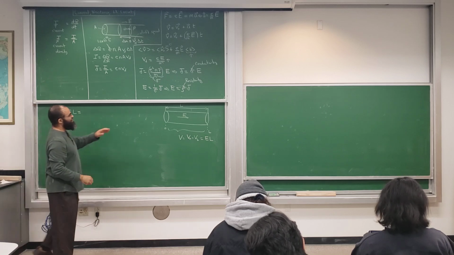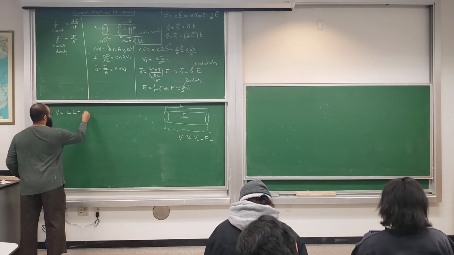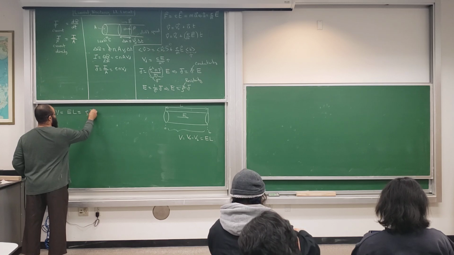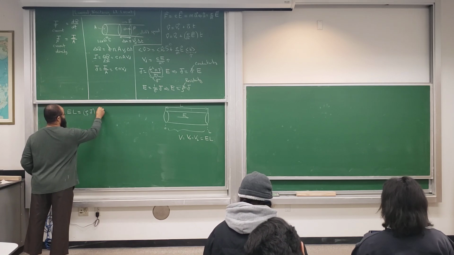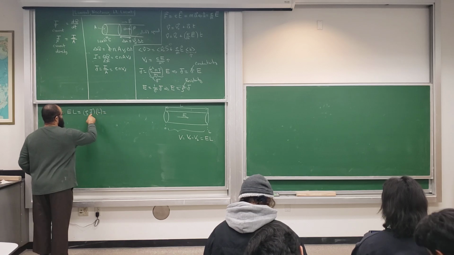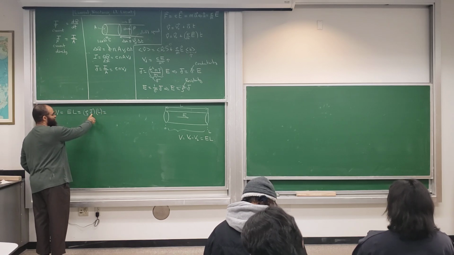But E is rho times J. So V is rho times J times L. But J is I over A, current over area.